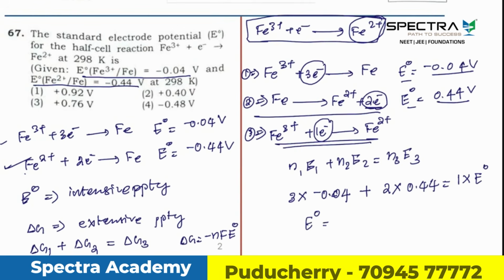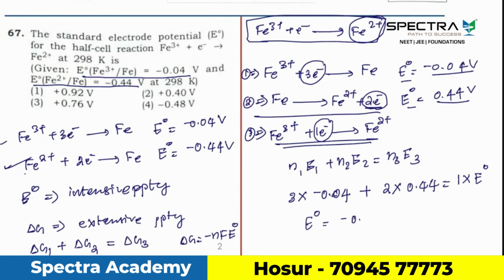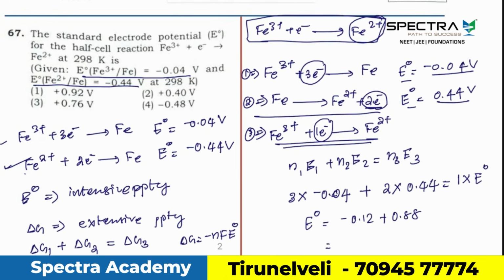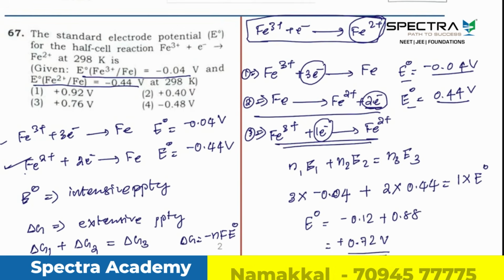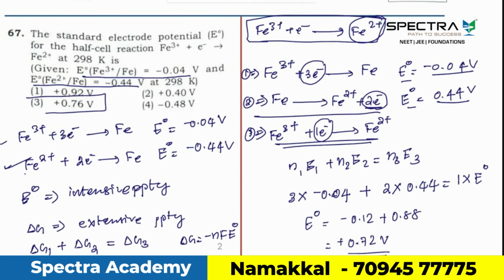So E naught will be equal to minus 0.12 plus 0.88. So you will get the answer plus 0.72 volt. So the answer for this reaction will be option 3.